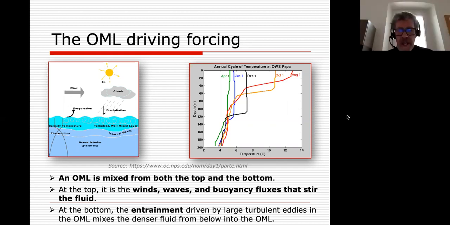Let's take a look at this slide on your right side. This is temperature. Temperature is very often considered a good proxy of the structure of the ocean mixed layer.